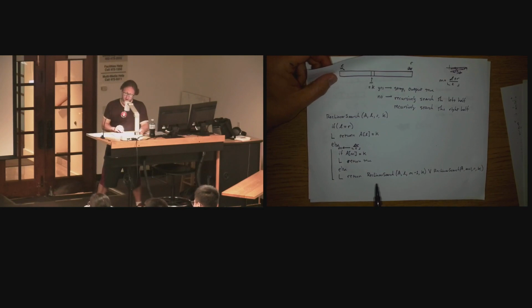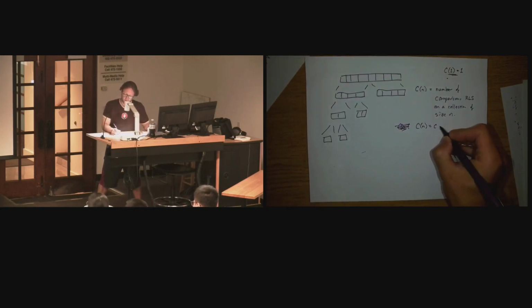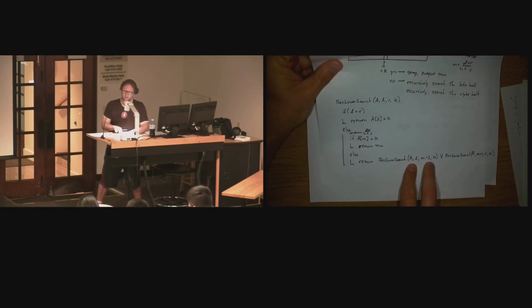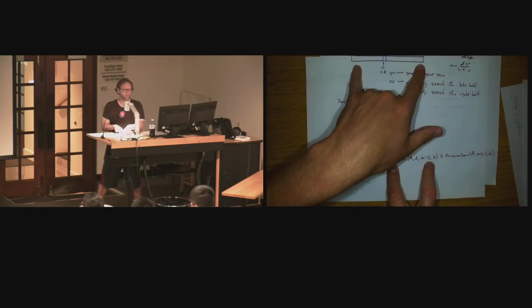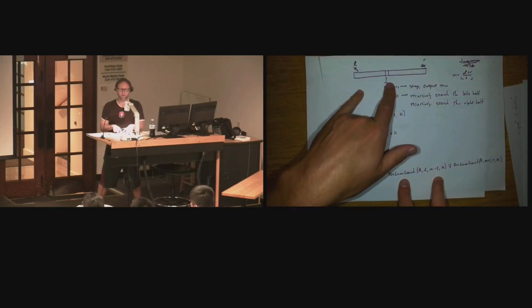So how many recursive calls do we make in the worst case? 2. Right? So we make 2 recursive calls. Here's the first one, C sub something. How big is the input on this recursive call? If I originally had an array of size n, then how much am I cutting it into?